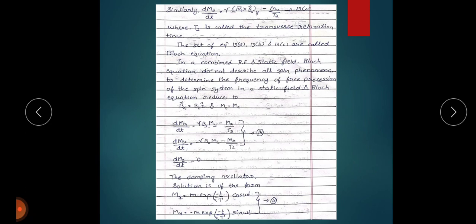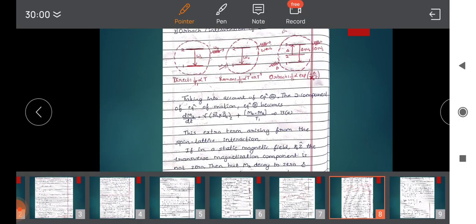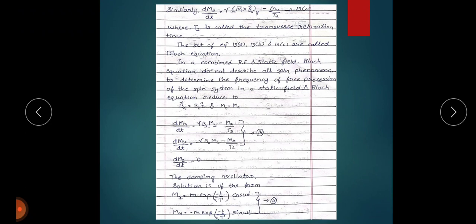This is taken as equation 13c, along with dMz/dt and dMx/dt. These three expressions, 13a, 13b and 13c, are known as a set of Bloch equations, or the equations of motion.